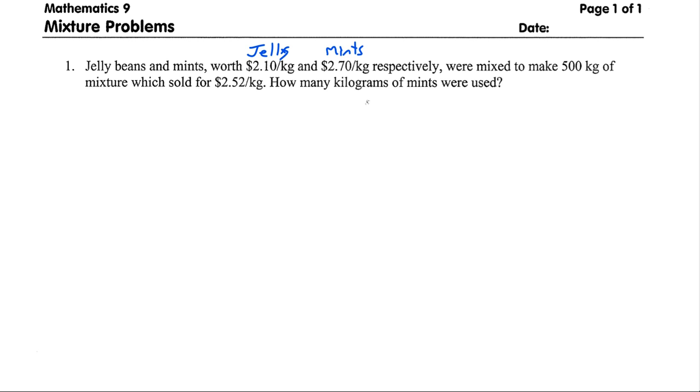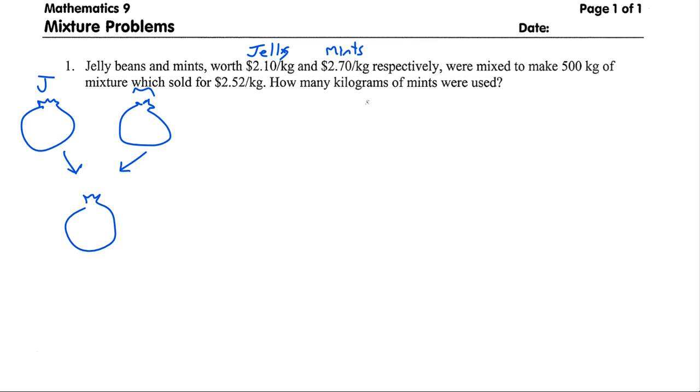Okay, let's have a look at this. So you basically imagine you have two bags of candy. You've got this one of jelly beans, and you've got this one of mints. This one costs $2.10 a kilogram, and this one costs $2.70 a kilogram, but you're going to take some from each. We don't know how much we're taking from each. And we're going to create a new bag that's going to have jelly beans and mint in it, that costs $2.52 per kilogram.